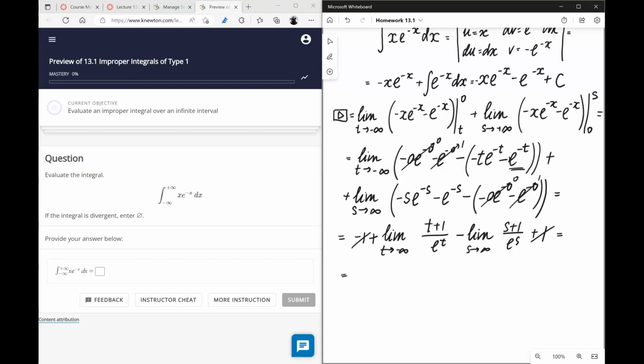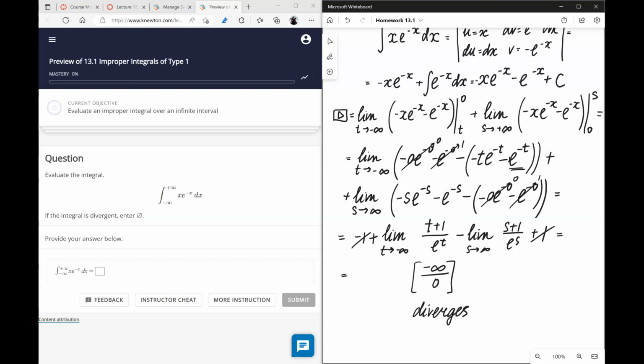Now as t goes to negative infinity, t plus 1 goes to negative infinity, and e to the t goes to 0 in the denominator, so this whole first limit is undefined, meaning the original integral diverges.